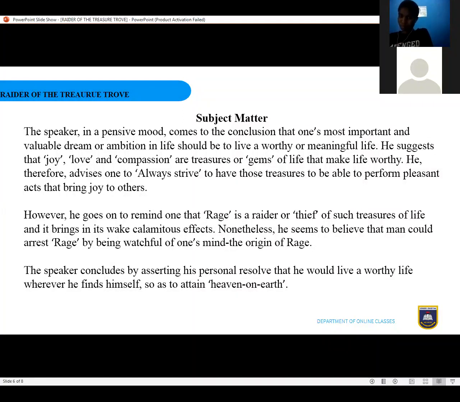Now, the poem suggests that joy, love, and compassion are treasures or gems of life that make life worthy. So the poet, or the persona, the speaking voice in the poem, is suggesting that for one to live a life that is meaningful and valuable, one must have some treasures.